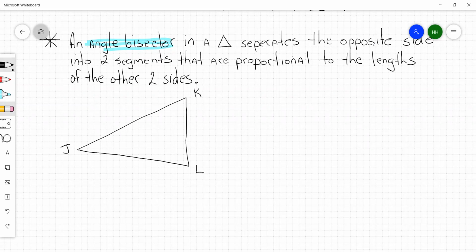And let's put an angle bisector in here. It comes out of J. And if it's an angle bisector, it comes out of J and it splits J in half. So it does this. Call this M.